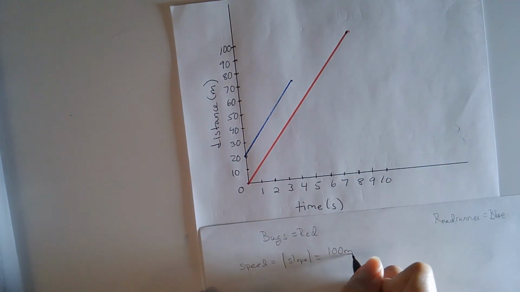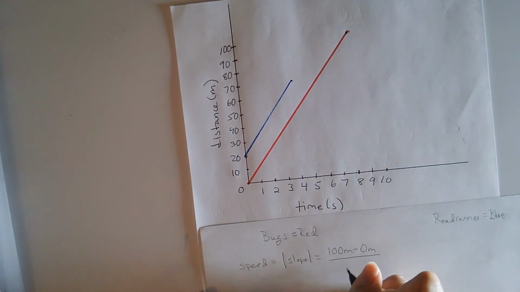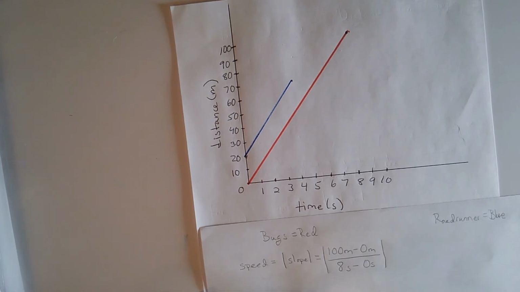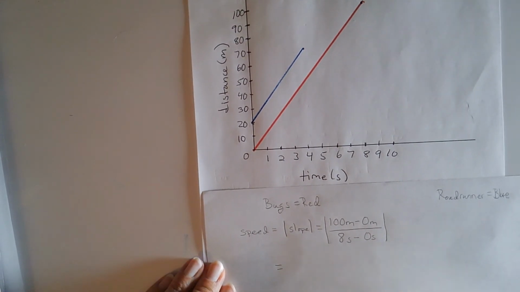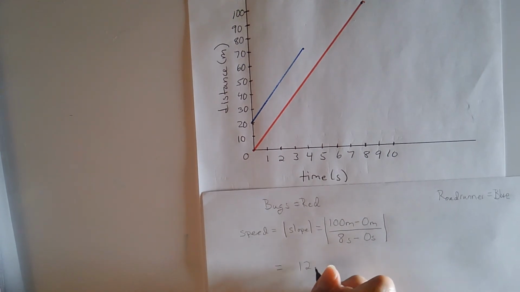So 100 meters minus 0 meters, where he started from, over 8 seconds minus a starting time of 0 seconds. And we need to take the absolute value. Okay, so if we do that, we get 100 meters divided by 8. So Bugs has an average speed of 12.5 meters per second.